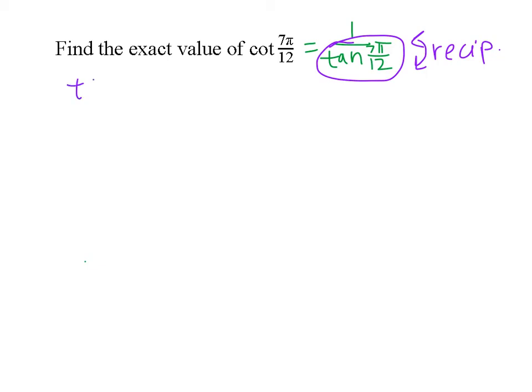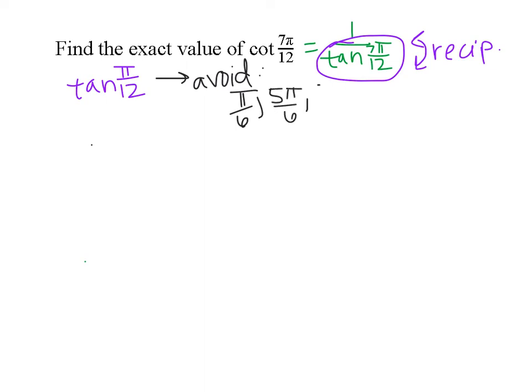So tangent of 7 pi over 12. Now remember, there are values we want to try and avoid. With this one, we're going to want to avoid pi over 6 in radians, 5 pi over 6, 7 pi over 6, and 11 pi over 6. Make sure we avoid those values because that's where tangent is root 3 over 3.